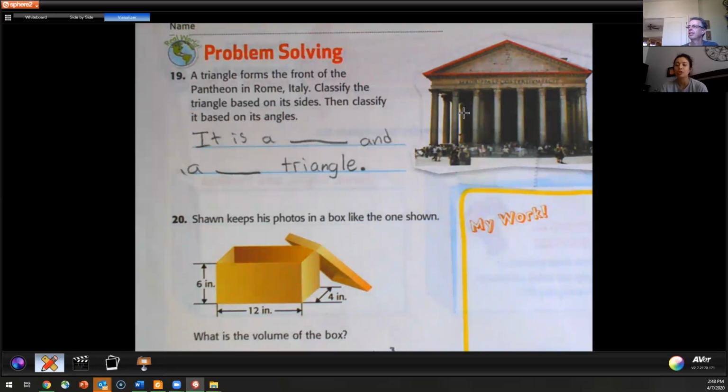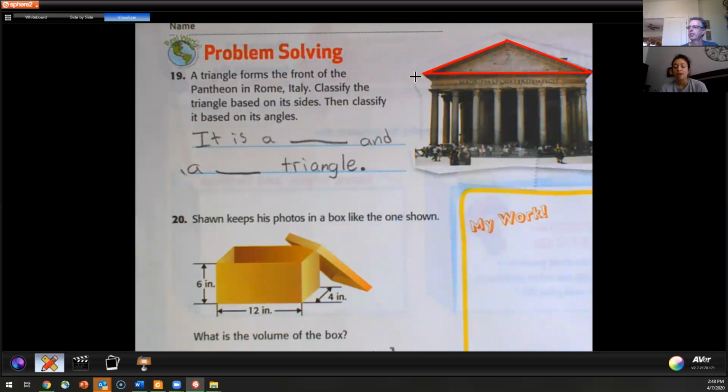Now, boys and girls, make sure you're looking at the sides and not the angles of it. So the key word is going to be sides. And then it wants you to classify it based on its angles. So for the first part, you're going to be looking at just the sides. Then for the second part of your answer, you're going to be looking at the angles of it.